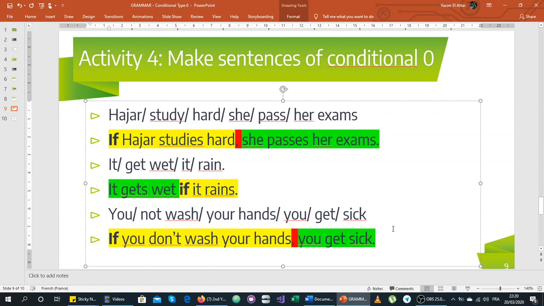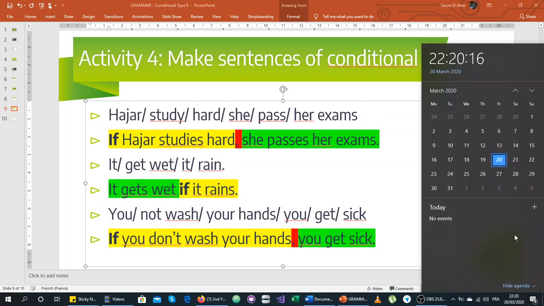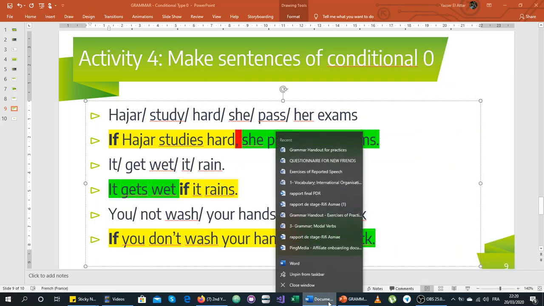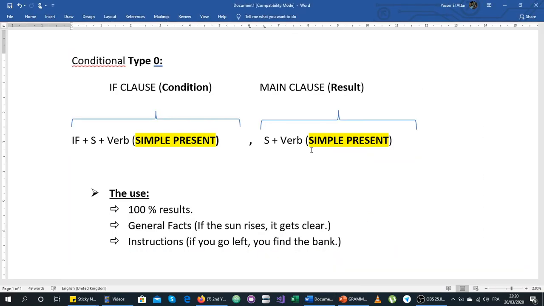I think this video will be so long, but anyway, best of luck, and do the exercise before Sunday. On Sunday at 8 o'clock I will not receive any other exercises. And these are the exercises I am asking you to do.